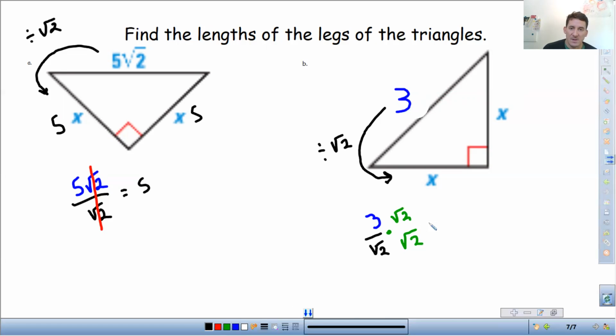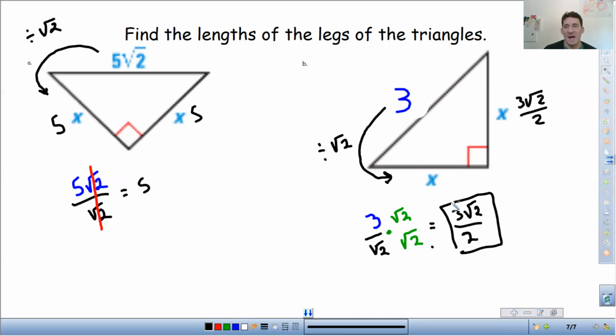Square root of 2 times square root of 2, the square roots cancel each other out, that's just 2 on the bottom. Then 3 times the square root of 2 on top. So 3 square root of 2 over 2 is the length of x. When you're dividing by the square root of 2, you may have to rationalize the denominator.